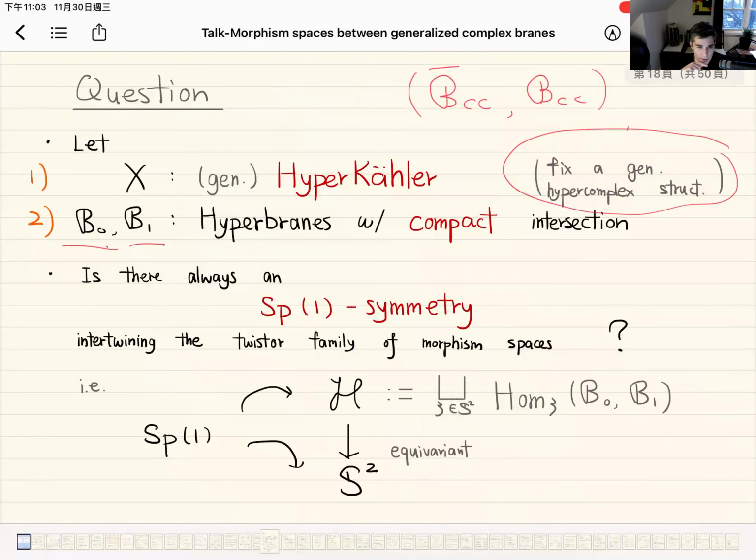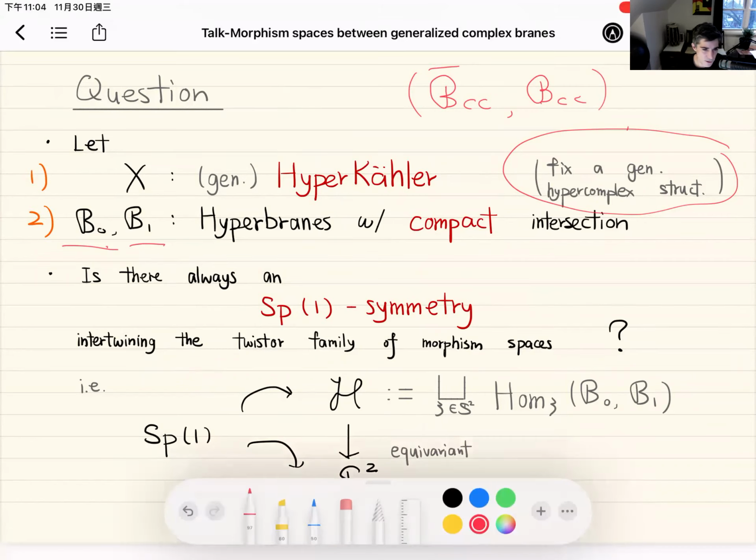So you have this S2 base, and that S2 base is selecting a different generalized complex structure in your S2 family of generalized complex structures, right? So I should think of the base of this S2 base as being a space of polarizations. So we have a two-sphere of polarizations, or, well, they're analogous to the space of polarizations in usual geometric quantization.